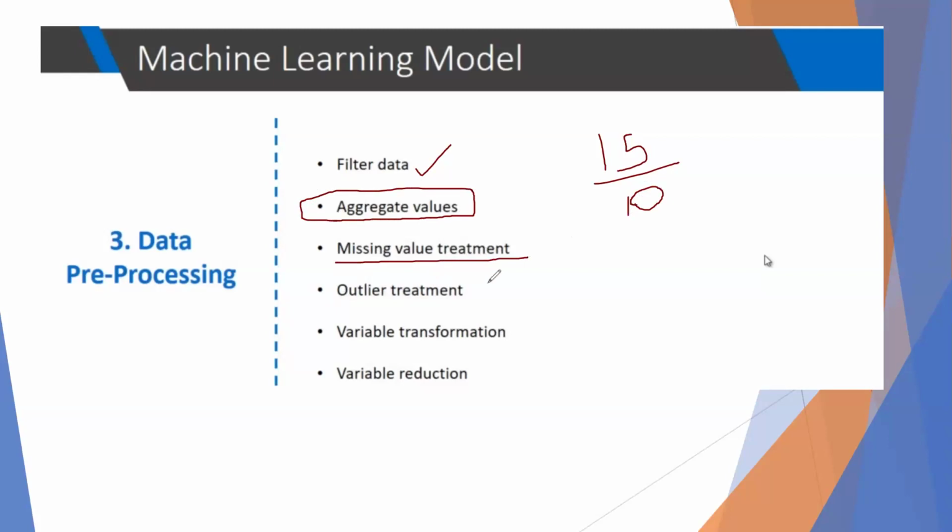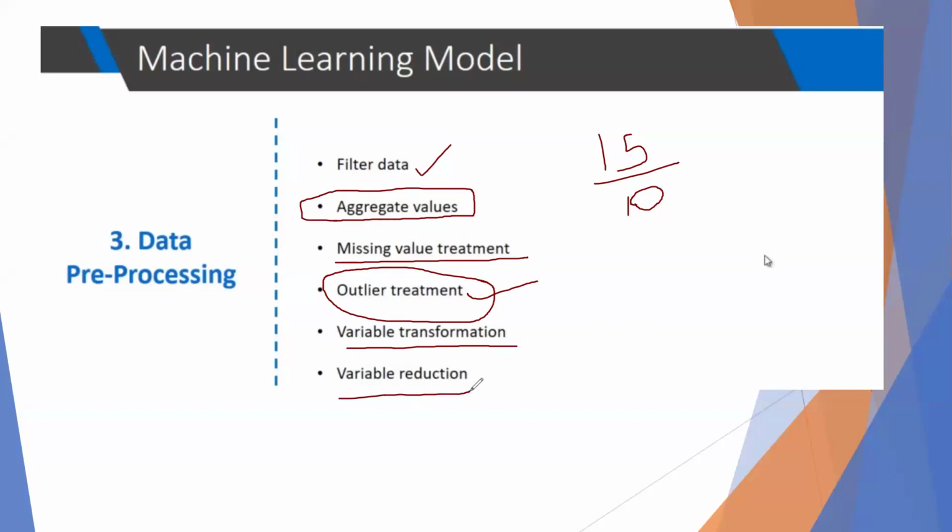If you have outliers in your data, you need to detect them, otherwise they will give you very false predictions, depending on the weakness or poor quality of the data. After that, if you have categorical data and you want to convert it for regression, you need to do some kind of encoding with 0 and 1. This can be done as per the needs of the project. So we can do some kind of transformation.